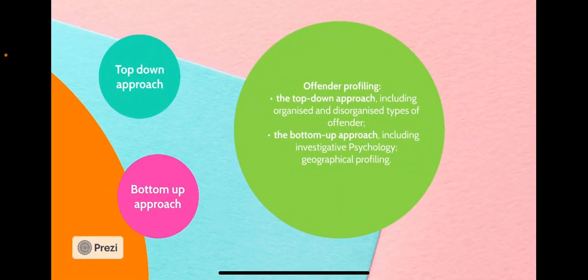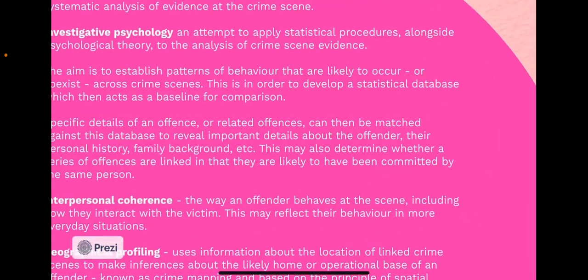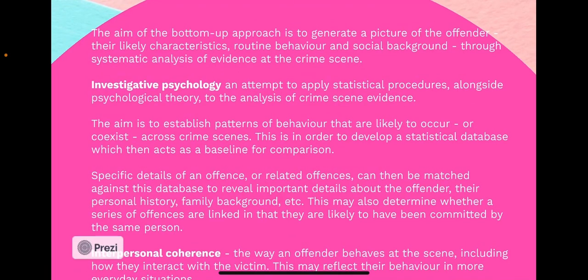Then we've got bottom-up. So bottom-up is a little bit different to top-down. So top-down, you're using data from the crime scene to generate a profile, but the bottom-up is a little bit different.